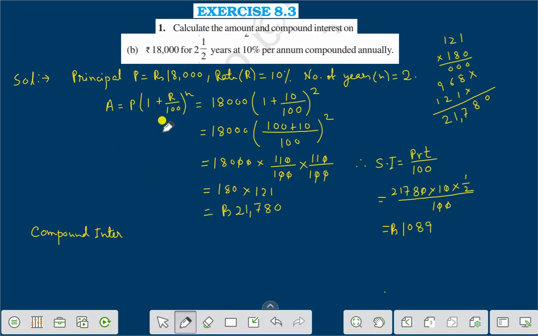First, we will find this compound interest. Compound interest is equal to A minus P, amount minus principal. Here the amount is 21,780 minus 18,000.